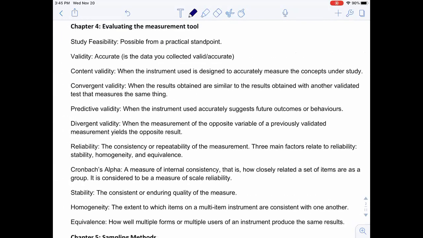So feasibility, I think we all understand like how reasonable, how doable is this study, right? So is it possible from a practical standpoint? But then the other one, validity, is just the general umbrella term for how accurate is your data, how valid is your data, right?